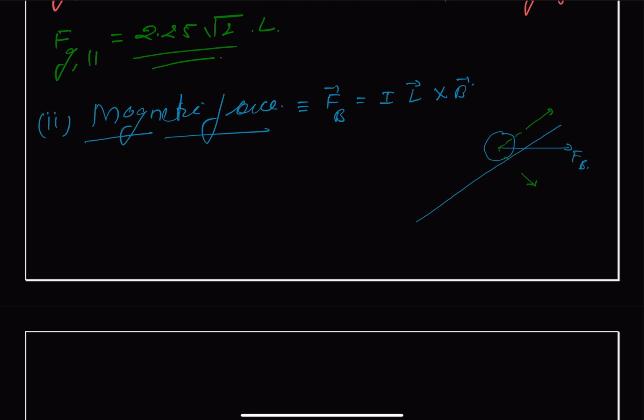Okay, and we are going to have this angle of 45. So we get this as Fp cos of 45, and this will be Fp sine of 45. Okay. So we are only interested in this horizontal component, which is basically parallel to the inclined plane.